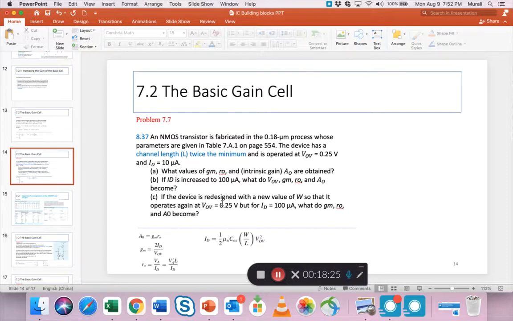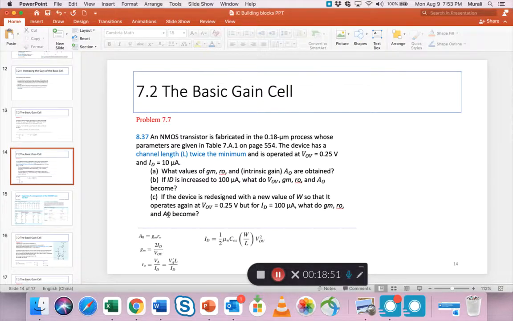Here the width itself is changing, so the width is changed to again keep VOV as 0.25 but at a higher ID. Then what happens to all these gm, ro and A0? There are actually other parts to this problem which I thought were adding more confusion, so let's at least look at these three parts A, B, C.